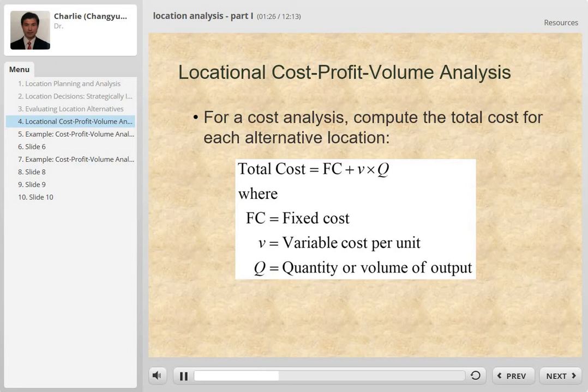We have total cost equals fixed cost, which we write as FC, plus variable cost times quantity. We saw a similar formula before in our break-even analysis. Now let's look at an example.